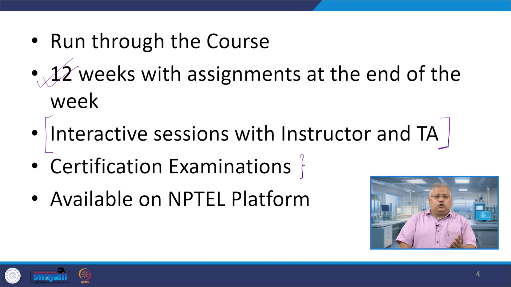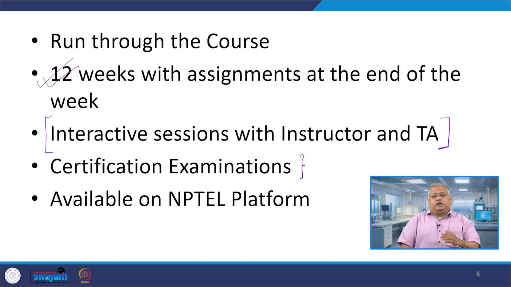You can therefore, as I told you, learn at your own pace, but the examination will be held after 30 hours, which is typically 12 weeks, around 3 months after registration. What we, the TAs and myself, will give you are assignments after each week, right.